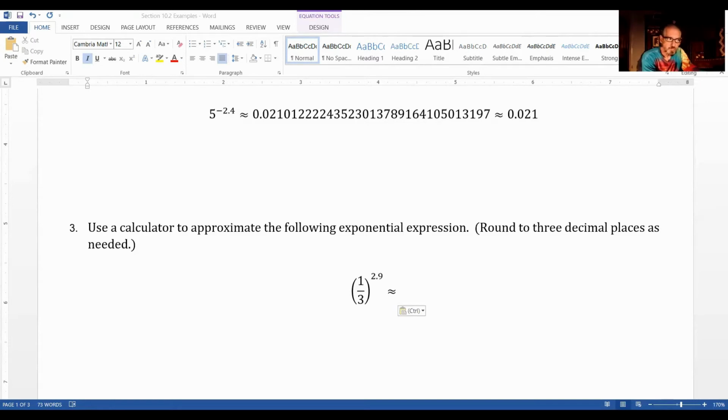One-third to the 2.9. That is smaller than 0.11.